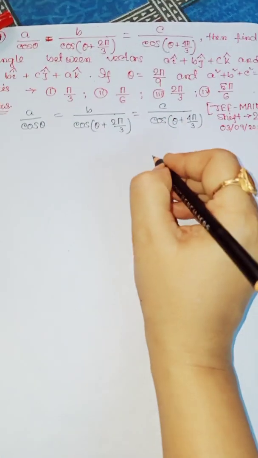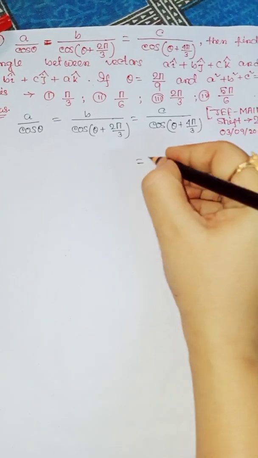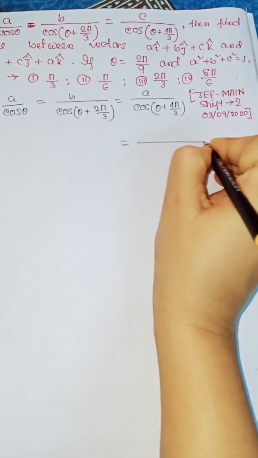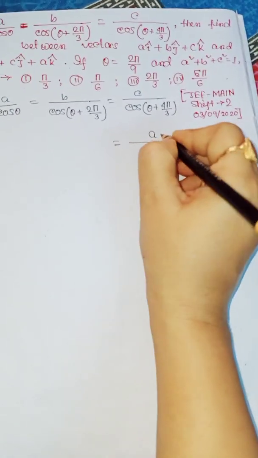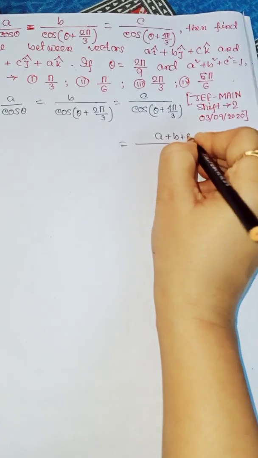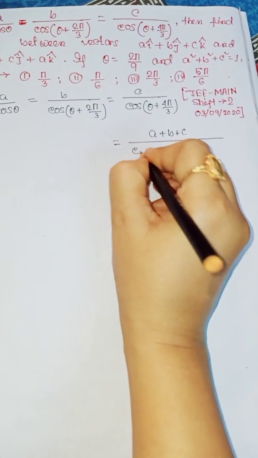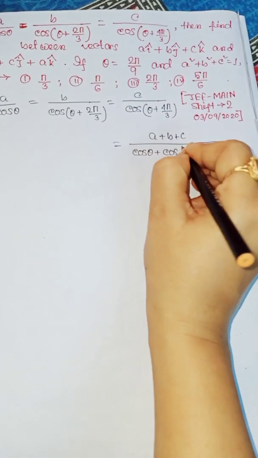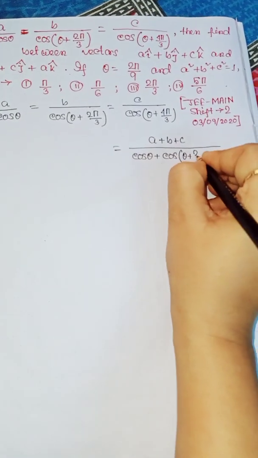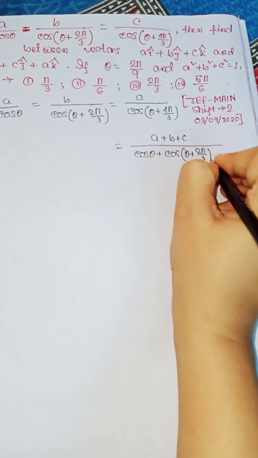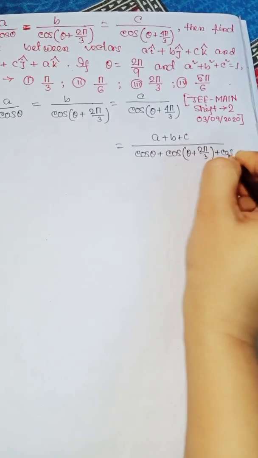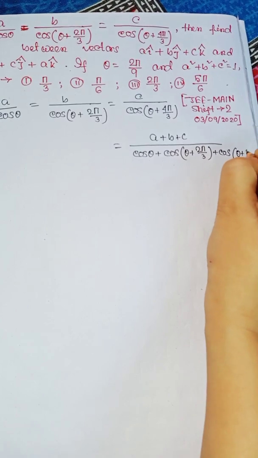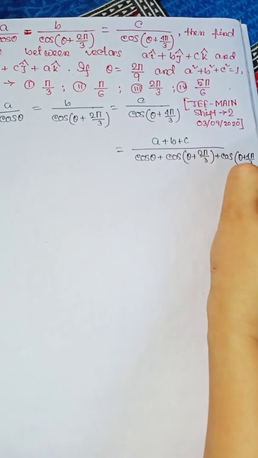Now that is equal to, we may write, A plus B plus C divided by cos of theta plus cos of theta plus 2 pi by 3 plus cos of theta plus 4 pi by 3.